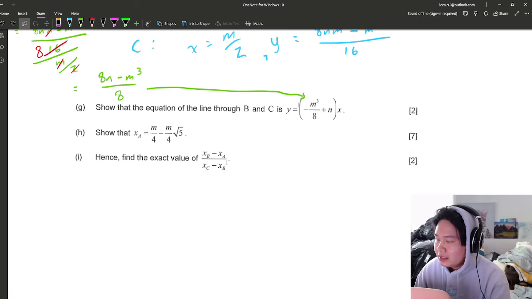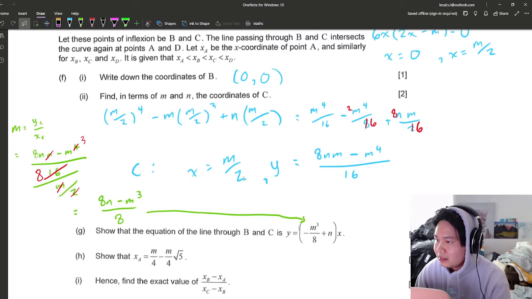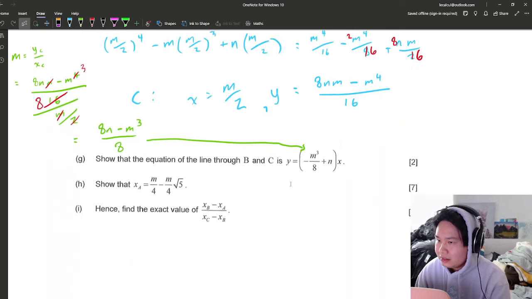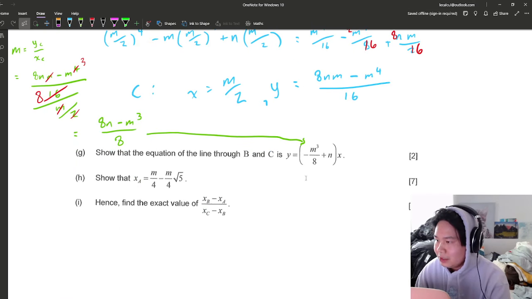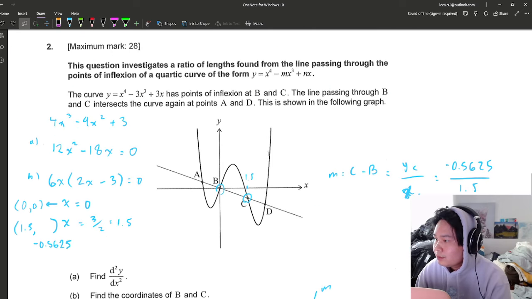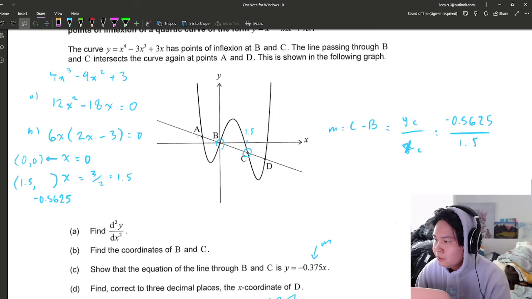Okay, done. Next up, show XA is this. Is it like this one? Oh no, I found XD last time. Oh sheesh, this one's 7 marks? Okay, this is the chunky one, the big one. Okay.